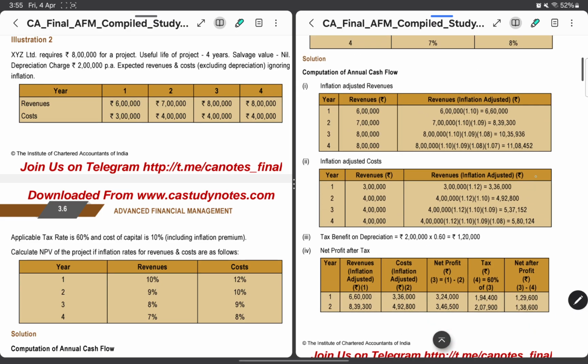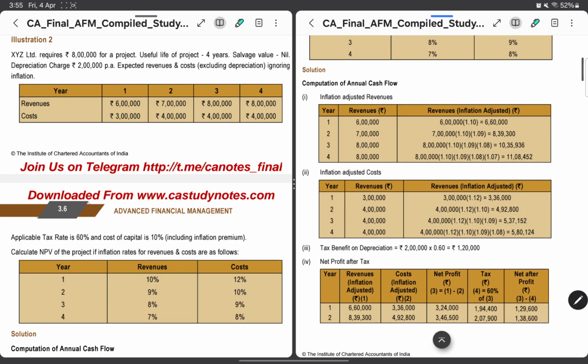So the simple thing is, there is a tax benefit involved on depreciation. Why? Because depreciation is an expense, an allowable expense in income tax, and it will reduce our profits. Because of that, our tax will get reduced.